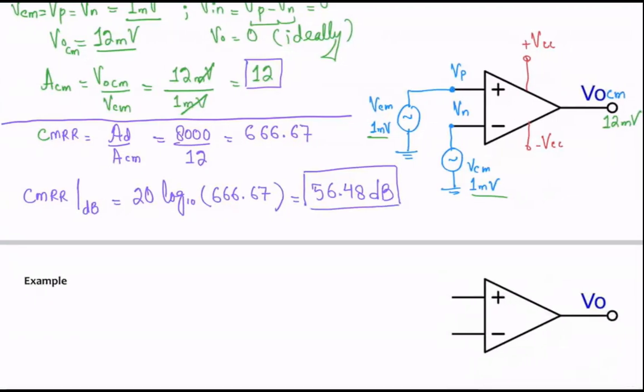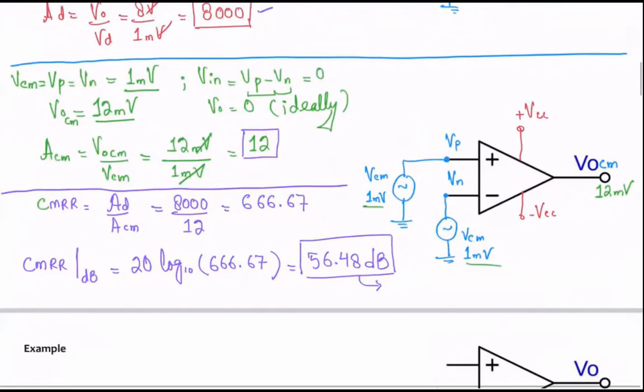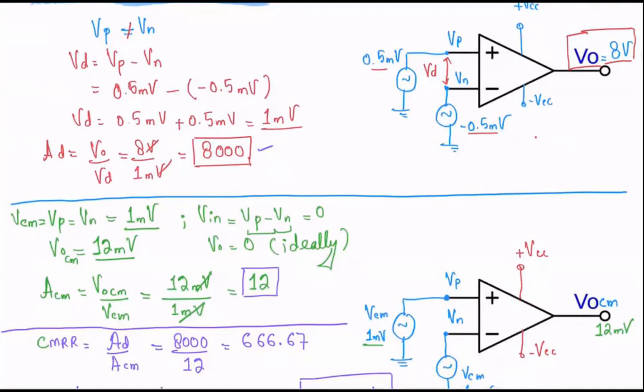This is important to know, and later on I'll show you a slide of what this number corresponds to in terms of the frequency or the noise, and the common mode signal. What we learn here is what the output voltage is going to be: 8 volts plus 12 millivolt.